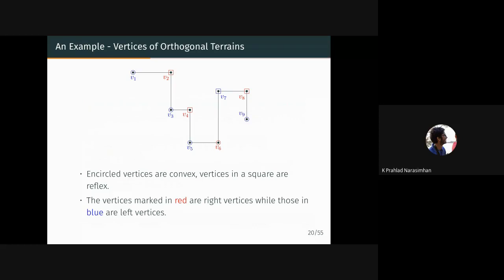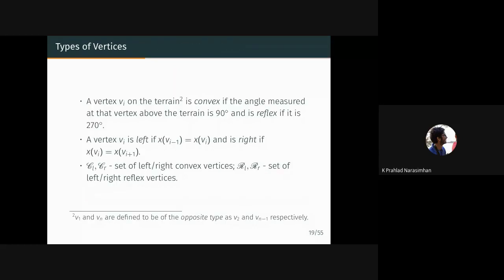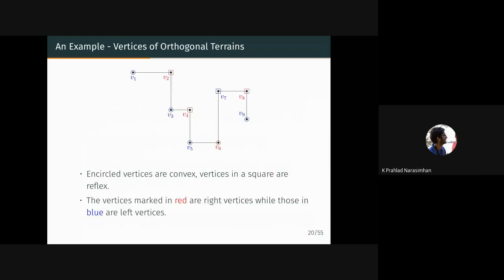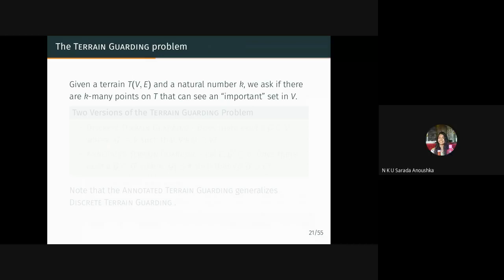You might notice that you can't apply the Vi definition to V1 or V9, because for V1 there is no concept of x Vi minus 1, and for Vn there is no concept of x Vi plus 1. We circumvent that using a concept of opposite type vertices, but I'm not going to go too much into that.